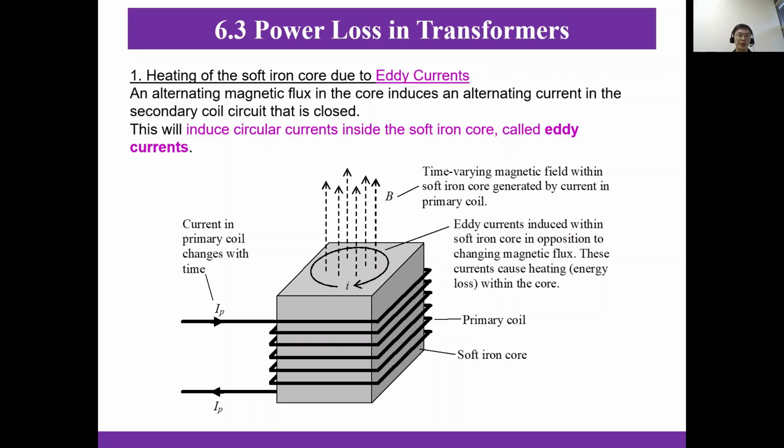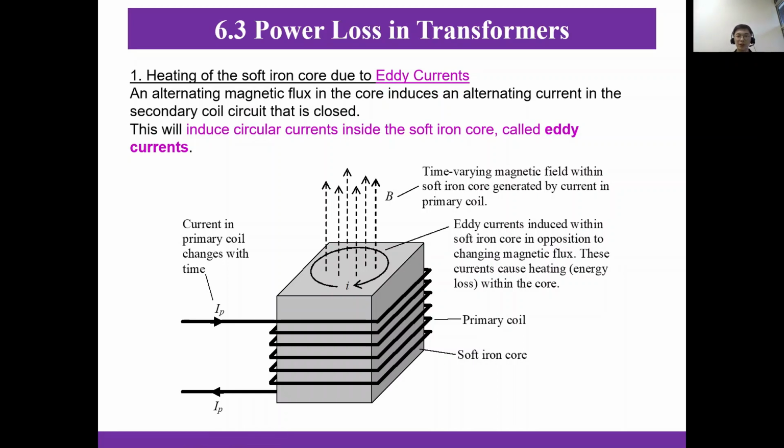It's also used in words like eddy vortices when a car travels. So this word eddy refers very specifically to currents that cause energy to be lost. So an induced current that causes energy to be lost is called an eddy current, if I may phrase it that way.